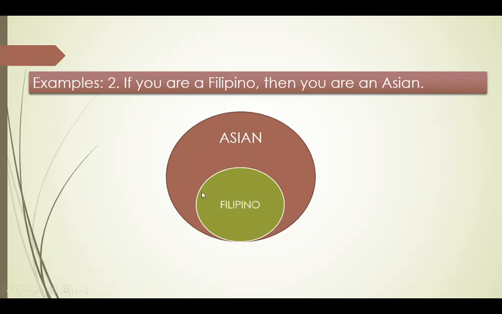So tayo ay Asyano. Ibig sabihin, yung malaking bilog, ito yung iba't ibang lahi ng Asian, and a Filipino is an Asian. So, we have here the Venn diagram.